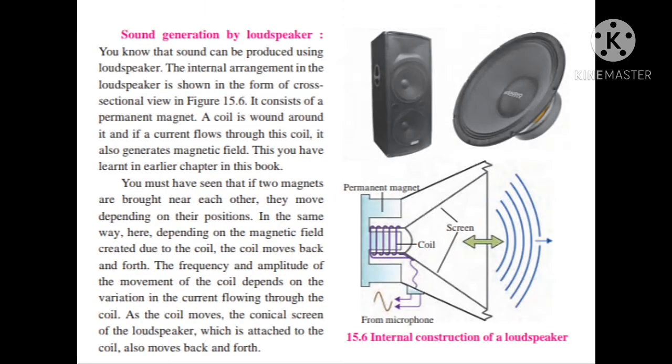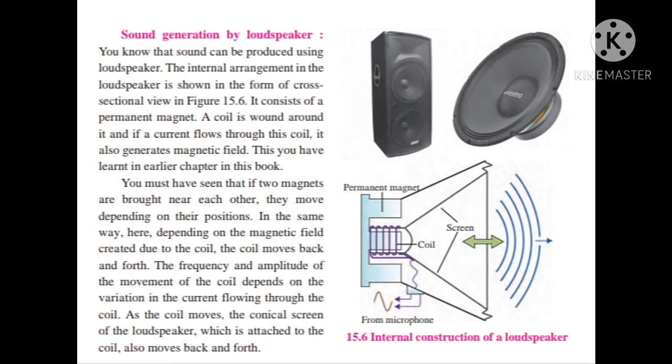So after that, let us study about the last point of this chapter, that is sound generation by loudspeaker. So we know that sound can be produced using loudspeaker. The internal arrangement in the loudspeaker is shown in the form of cross-sectional view in figure number 15.6.